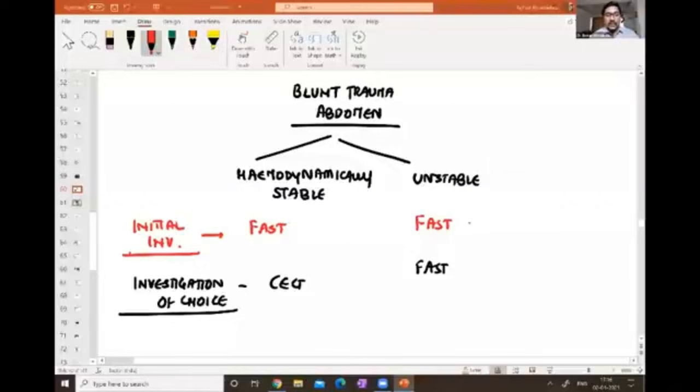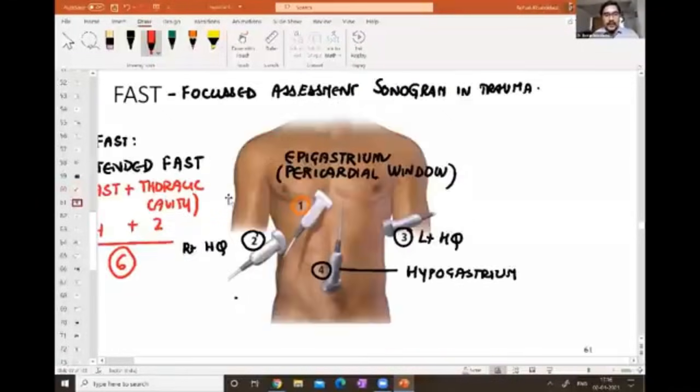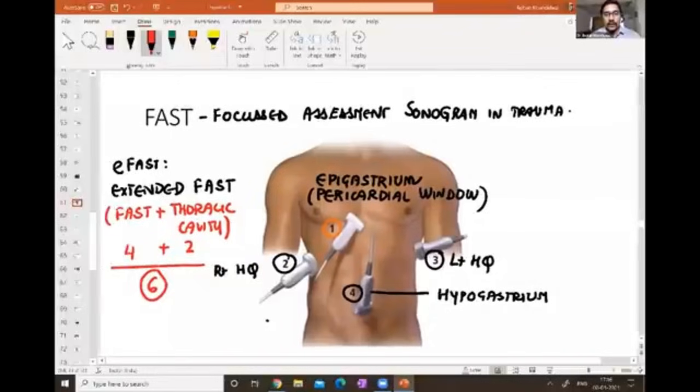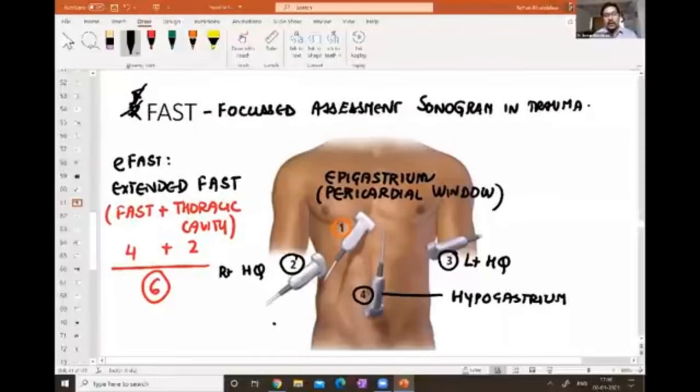What is FAST? It has been asked many, many times in your exam. FAST is focused assessment sonogram in trauma. You should know the full form, and in FAST, the probe is kept at 4 places. First is the epigastrium, second is the right hypochondrium, third is the left hypochondrium, fourth is the hypogastrium.